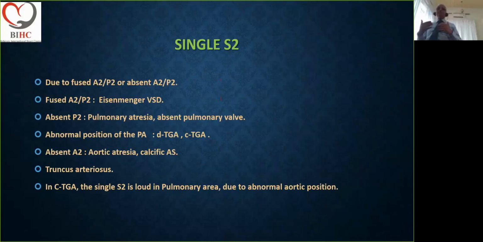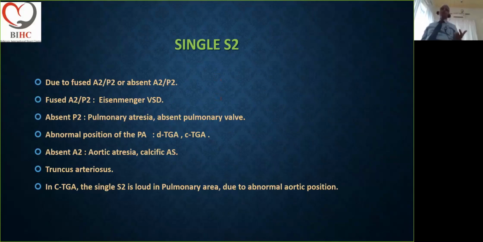Even in a large VSD, the pulmonary vascular resistance is much higher and the P2 is only marginally delayed. You quite often hear a normal, single second sound in a large VSD in a 3-month or 4-month-old baby also. Now, an absent P2 will of course occur in pulmonary atresia.